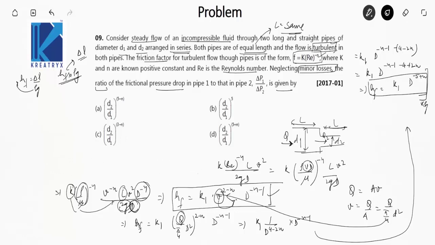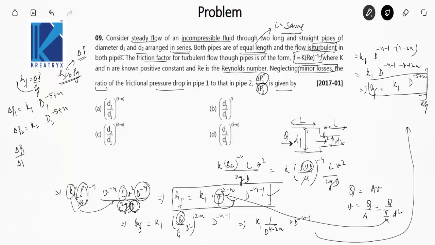Now delta p1 will be K1 D1 raised to minus 5 plus n. Similarly, delta p2 will be K2 D2 raised to minus 5 plus n. And we have to find delta p1 by delta p2.